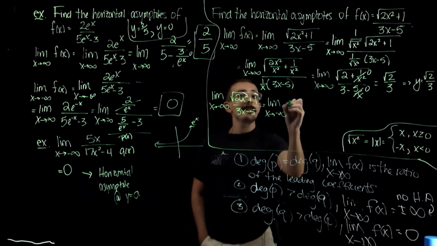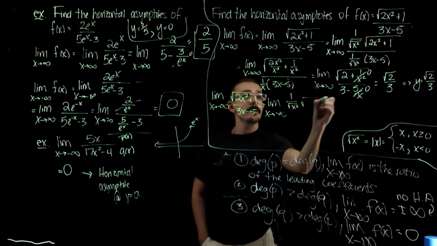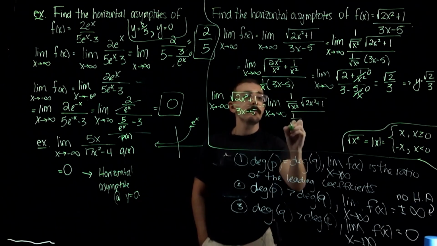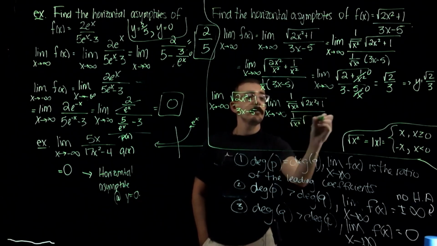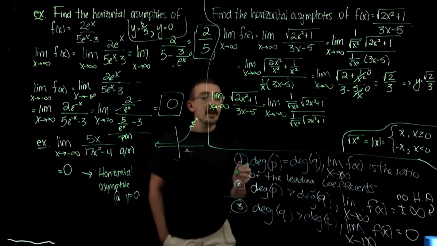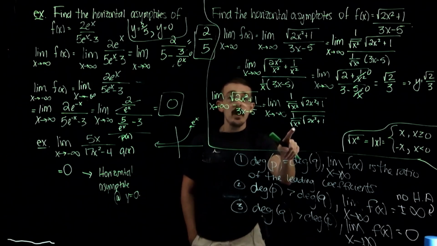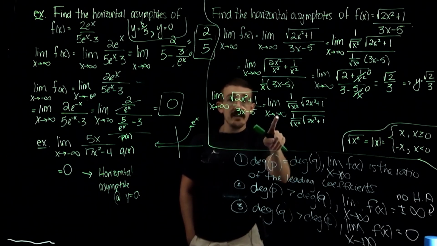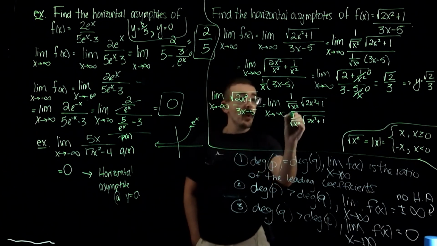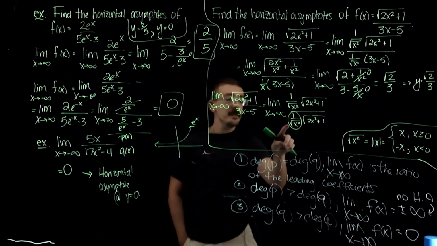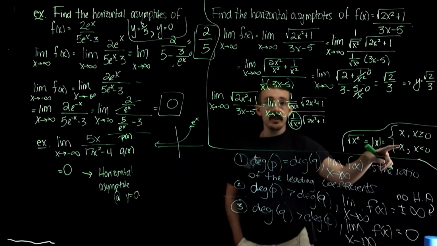So I'm going to multiply this by 1 over the square root of x squared, just like I did earlier, to the numerator and denominator. OK? So from here, what I need to do is figure out what this is equal to when I have a negative number that I'm plugging in. In fact, I'm plugging in a very negative number. So the only thing that changes is that this piece will be affected by this definition.